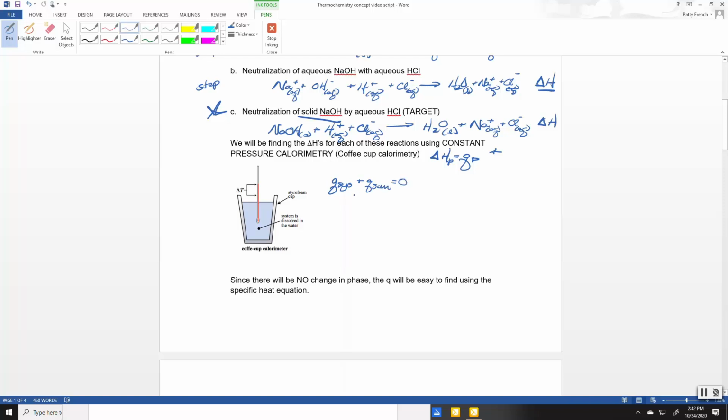In other words, the energy of the universe is constant. Q system plus Q surroundings is our Q universe. It's constant, so Q system plus Q surroundings is 0. Another way of looking at that then is Q system equals negative Q surroundings.